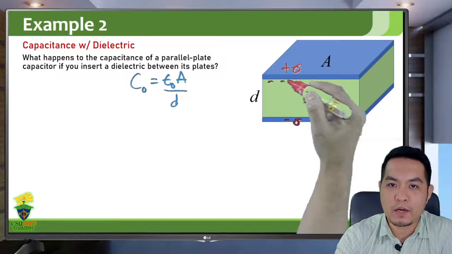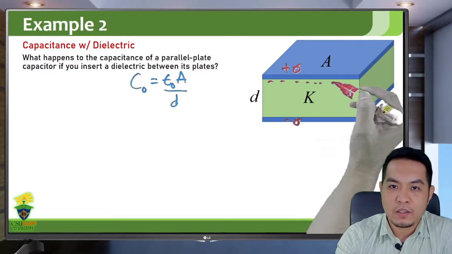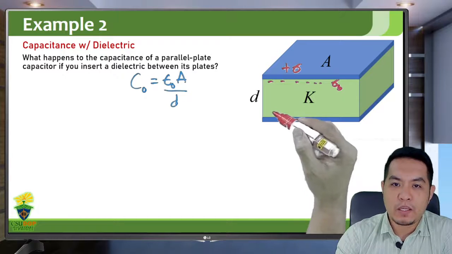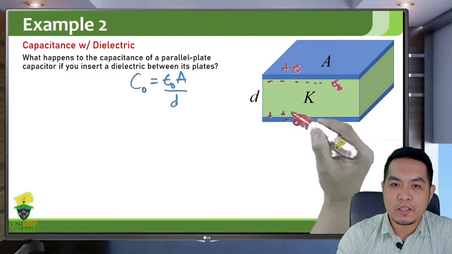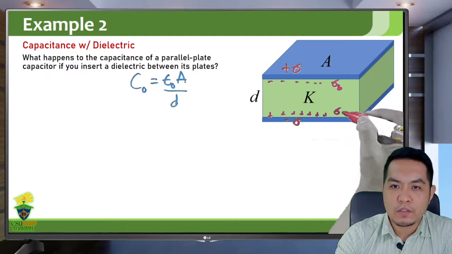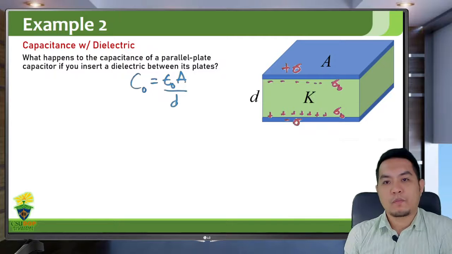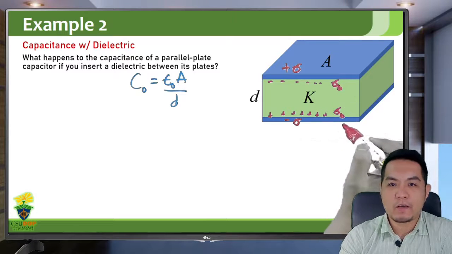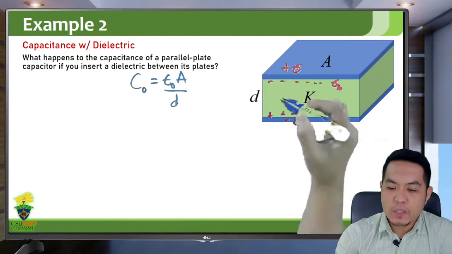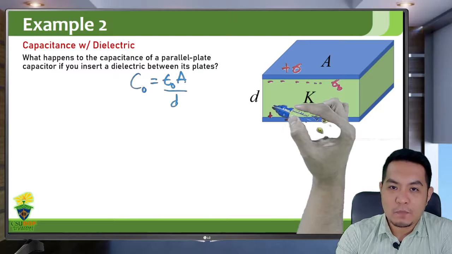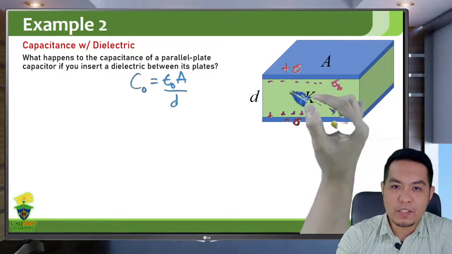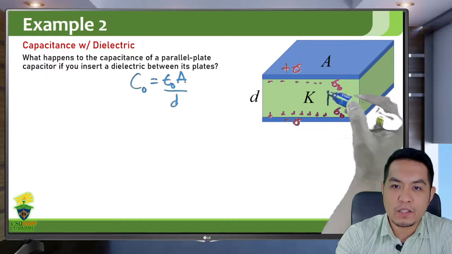So there will be negative bound charges here, sigma B, and also positive bound charges here, sigma B. So you will notice that there will actually be an electric field upwards due to the bound charges.